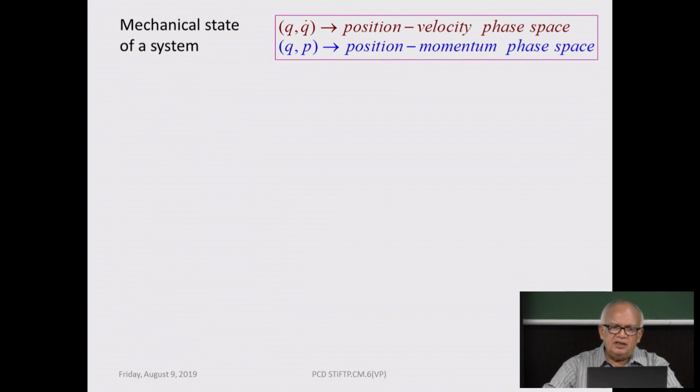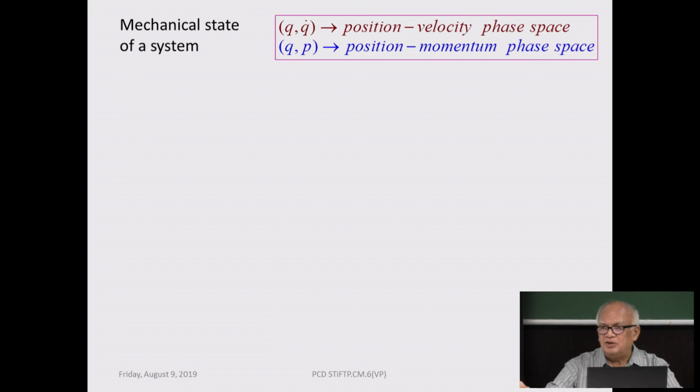We begin with the description of the state of a system, and then we have to determine the law which would describe accurately how the state of the system changes with time. So how do you characterize the state of a mechanical system and how does it change with time?